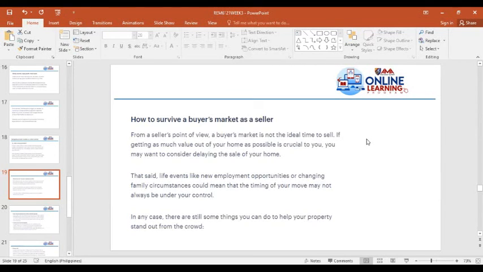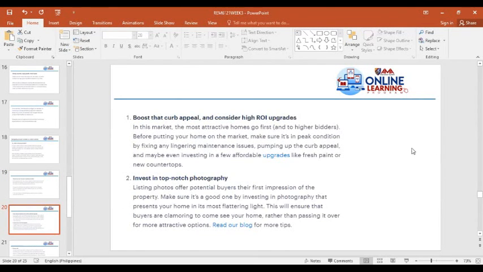In any case, there are still some things you can do to help your property stand out from the crowd. Number one, boost that curb appeal and consider high return on investment upgrades. In this market, the most attractive homes go first and to higher bidders.